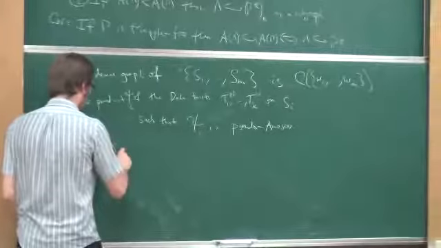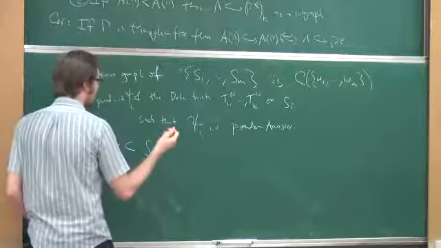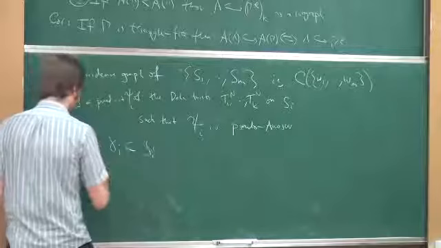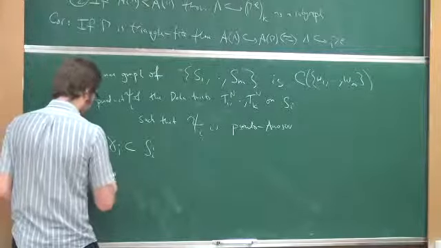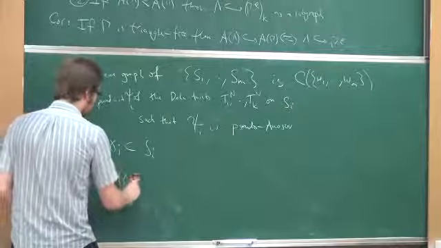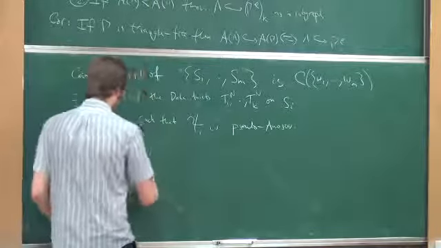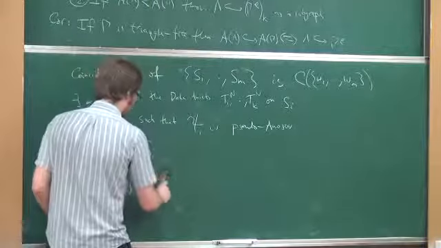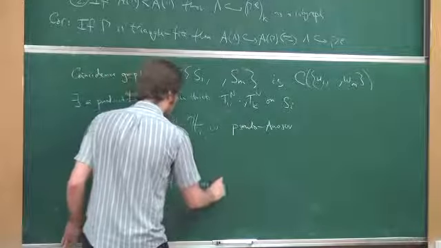Gamma j here sits inside of Si, and if I take a sufficiently high power, psi i to the m, and I apply it to gamma j, then this quote-unquote fills up the surface.